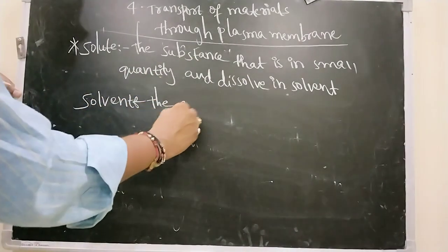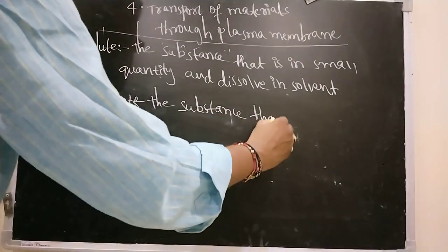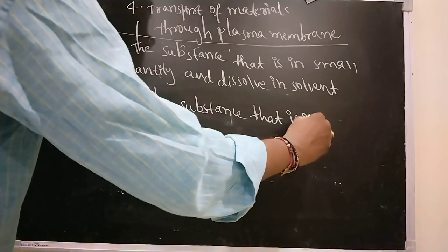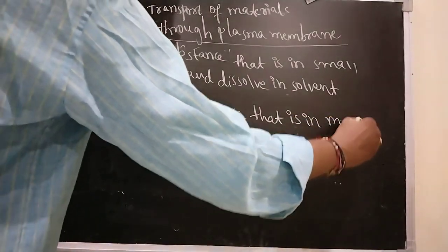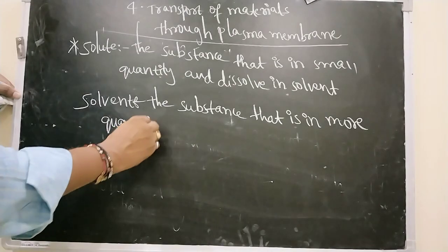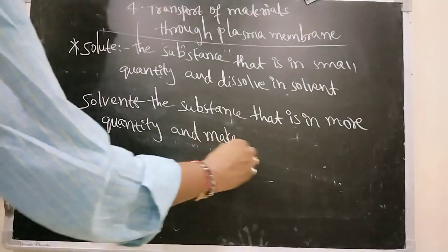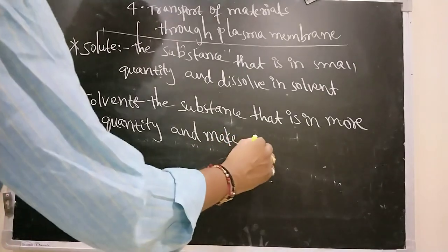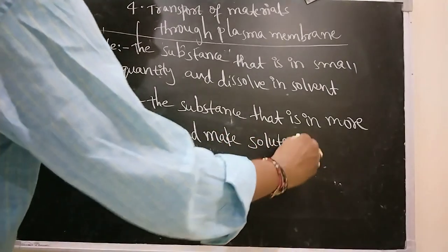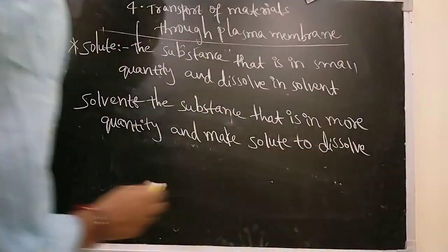The substance that is in more quantity, and makes solute dissolve in it, is called solvent.